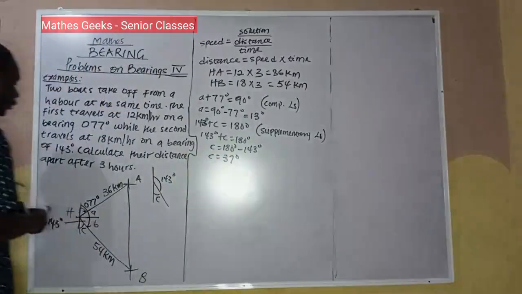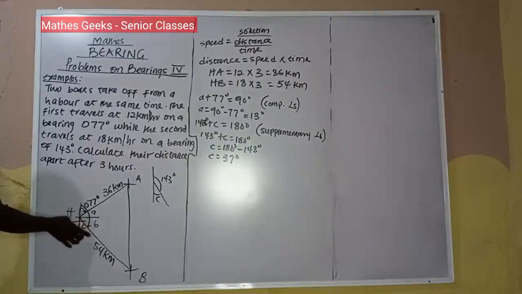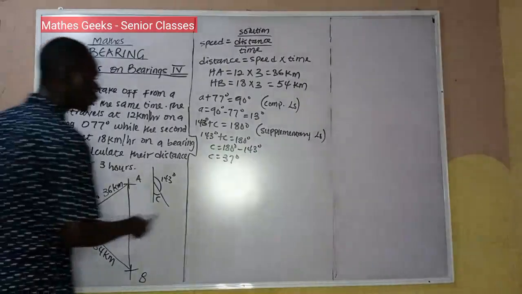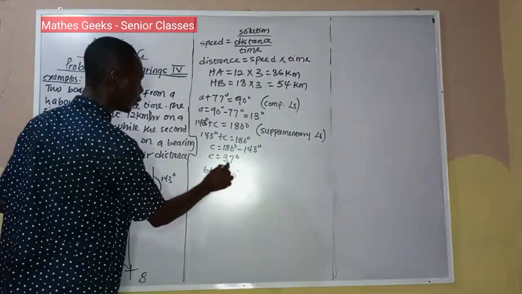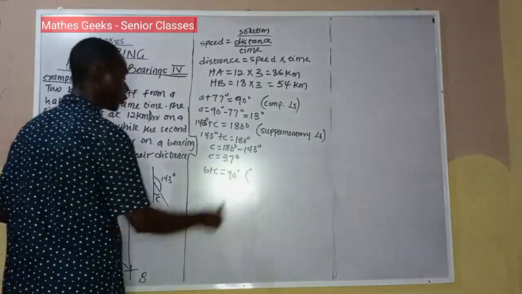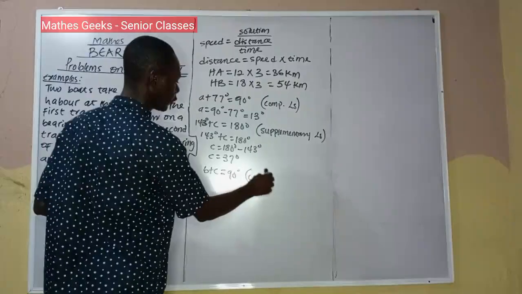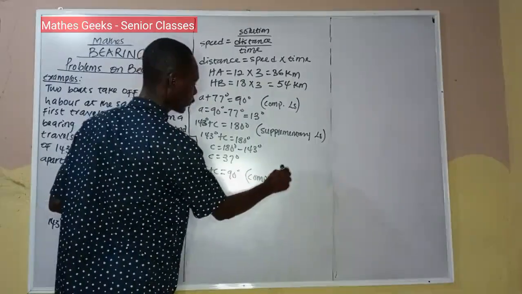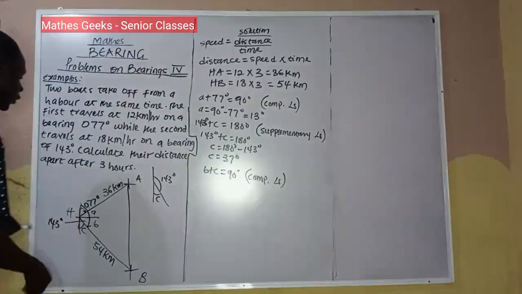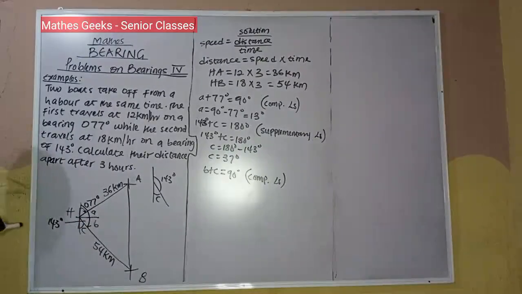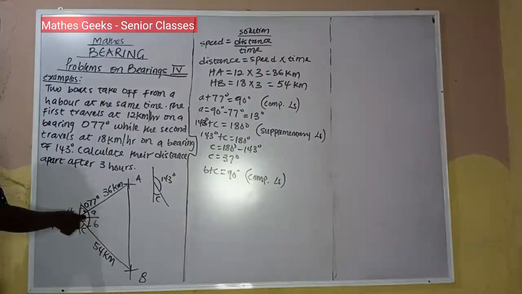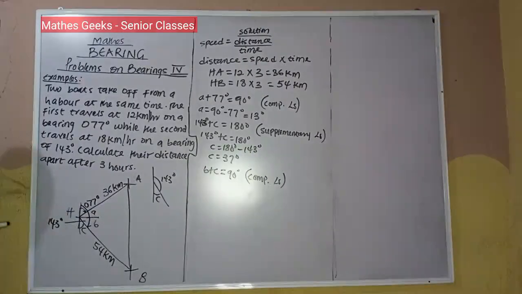So since C is 37 degrees, B plus C is equal to 90 degrees. Those are complementary angles, because both of them are in this second quadrant, and this quadrant is 90 degrees from the east to the south.